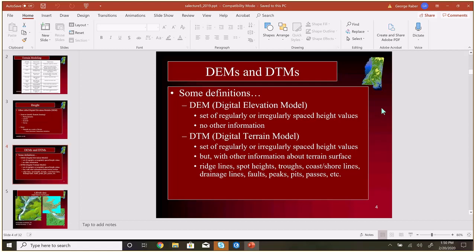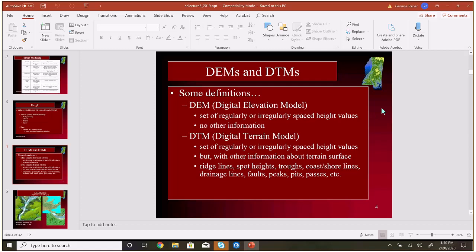Also, sometimes digital elevation data gets labeled as either being a DEM or a DSM, particularly now that we have more precise instruments.